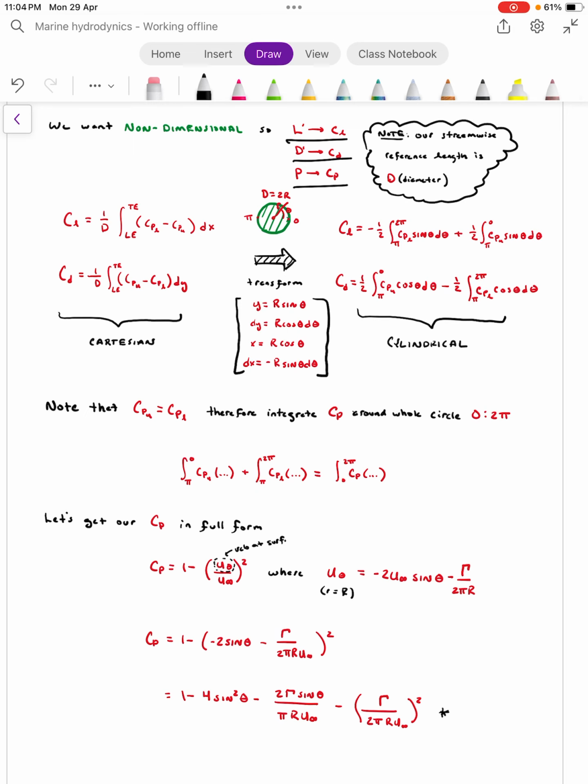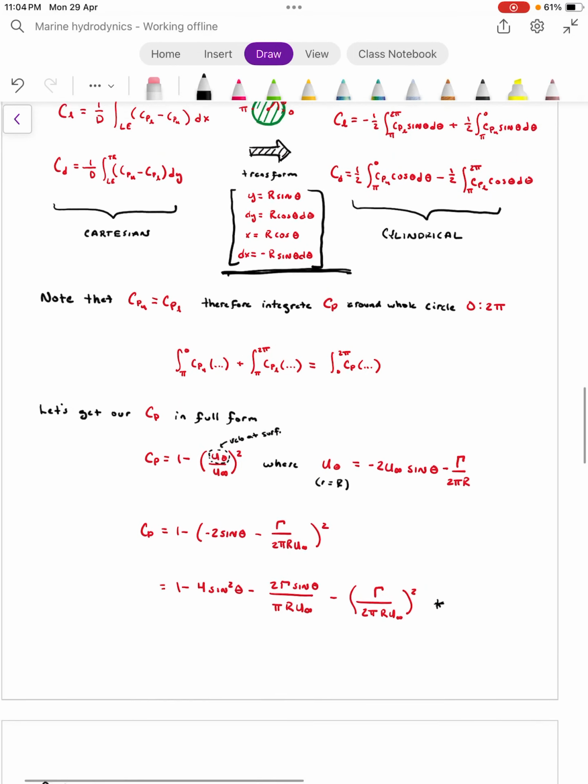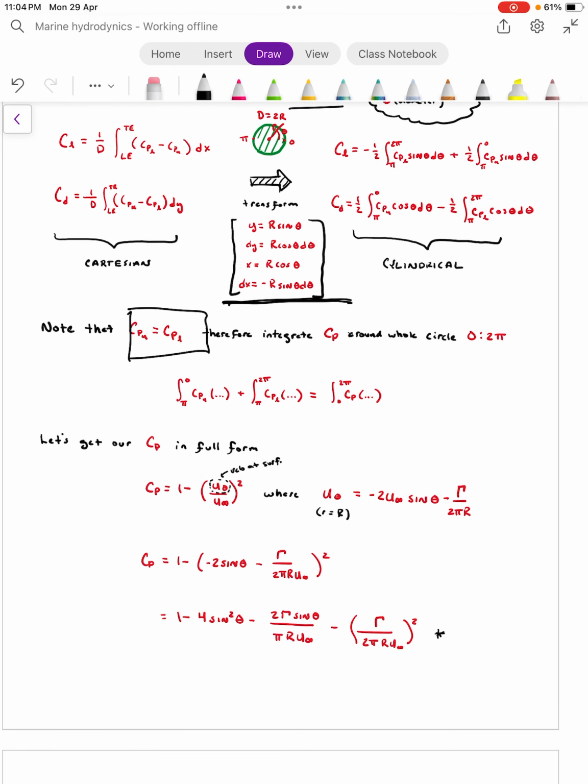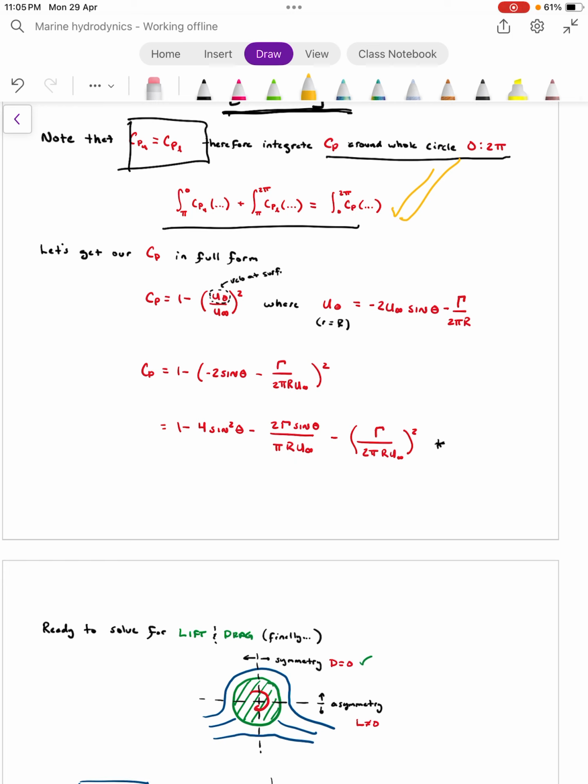Again we will convert it into cylindrical coordinates. As we know that CP upper is equal to CP lower, therefore we will integrate from 0 to 2π. So we will simplify this expression into this.